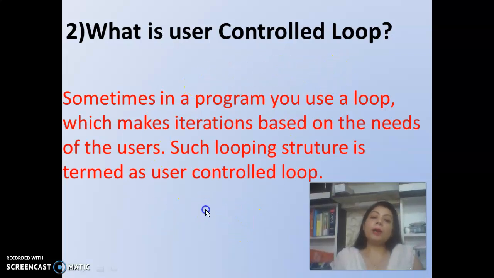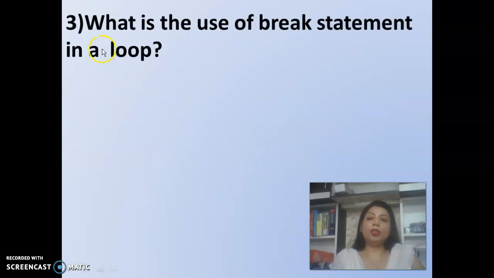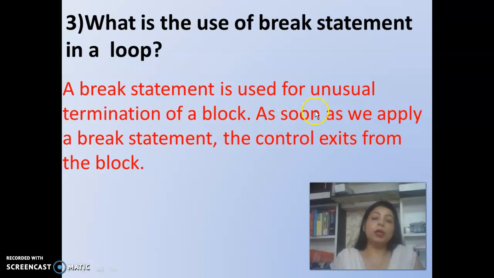Now come to the third question, which is, what is the use of the break statement in a loop? A very important question. A break statement is used if you want an unusual termination of a block. That means we rotate the loop for 1 to 100 times, but if we get any desired number, then we want to come out from the loop.